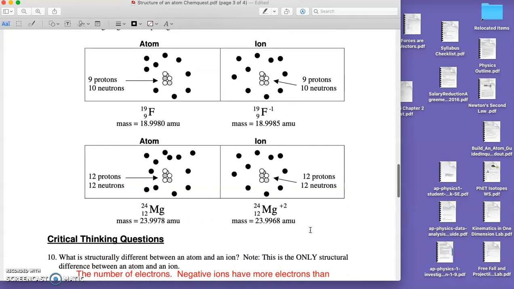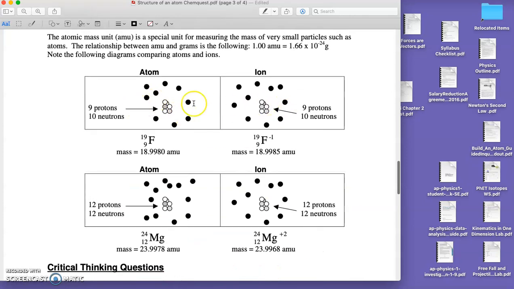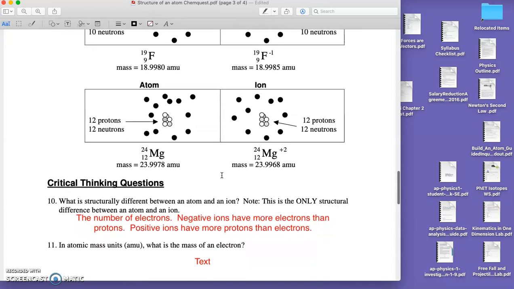What is the mass of an electron? Well, if we look here between these two, the fluorine atom has this for its AMU. The ion, which has 1 more electron, has this. So if I take this number minus this number, it should tell me the mass of a single electron in AMU.